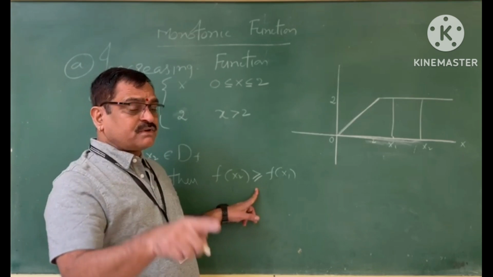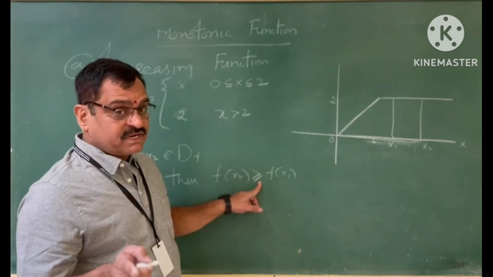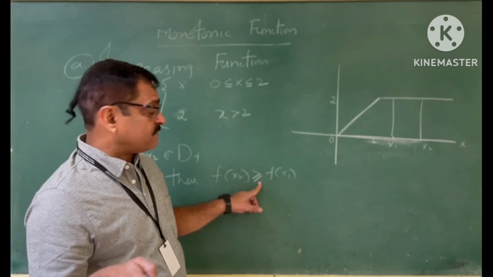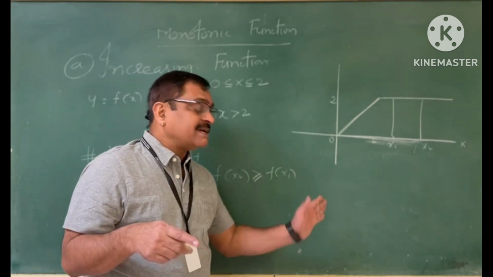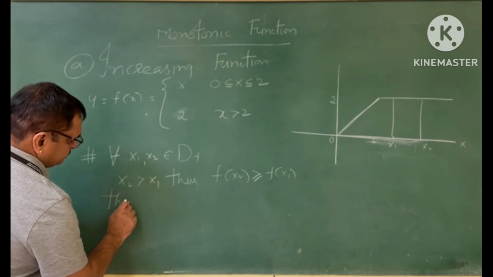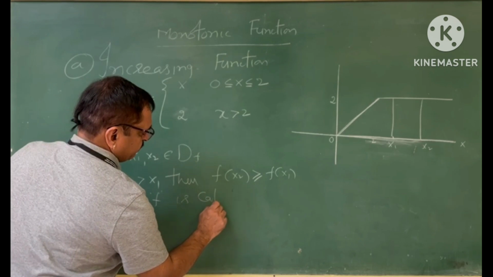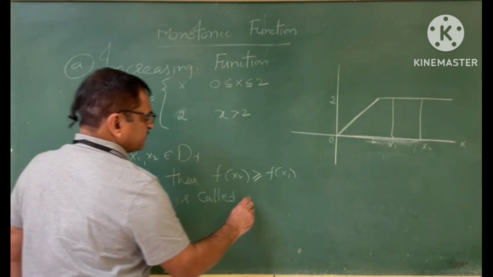In the earlier example, the strictly increasing function, there is no equality symbol. Here you have equality symbol. F of x2 greater than or equal to f of x1. Then f is called increasing function.